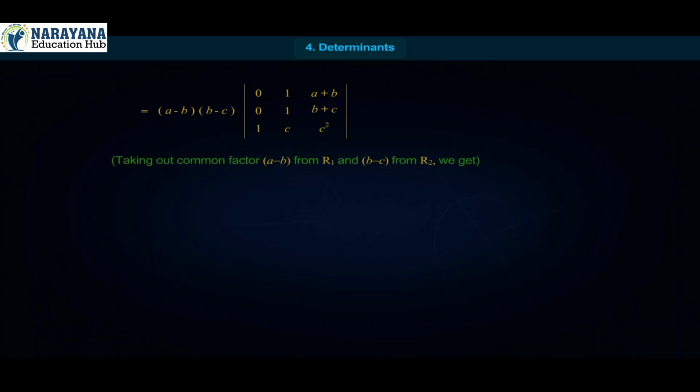Taking out common factor a minus b from R1 and b minus c from R2, we get a minus b into b minus c into 1 into b plus c minus a minus b, which is equal to a minus b into b minus c into c minus a, which is the right hand side.